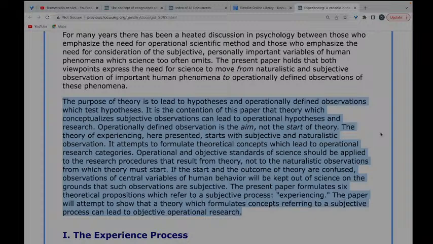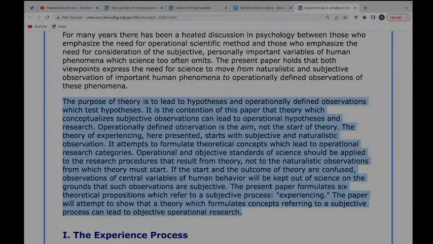So something that can be seen from the outside, or at least talked about. I don't recall that he really says specifically what operationally defined observations are, like what's an example of that? What does that look like?